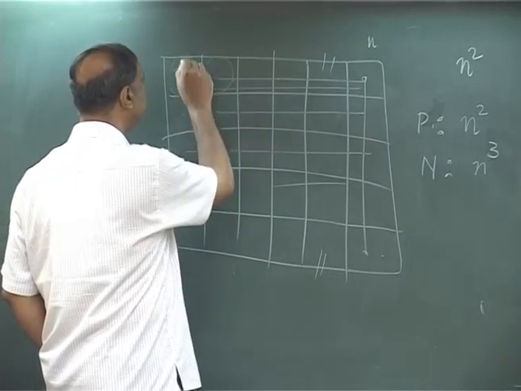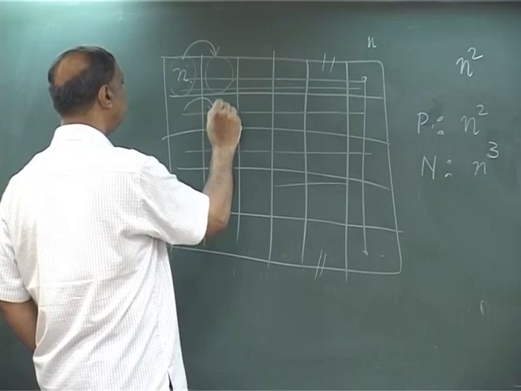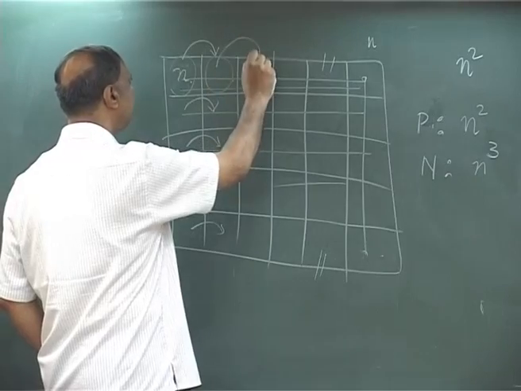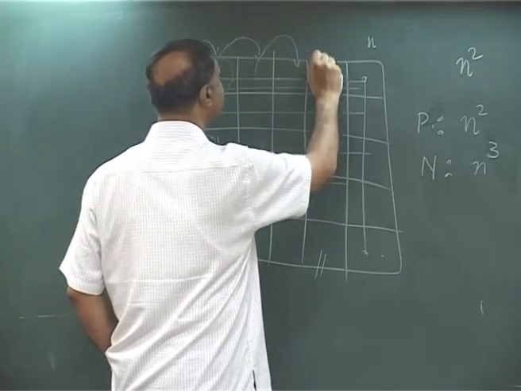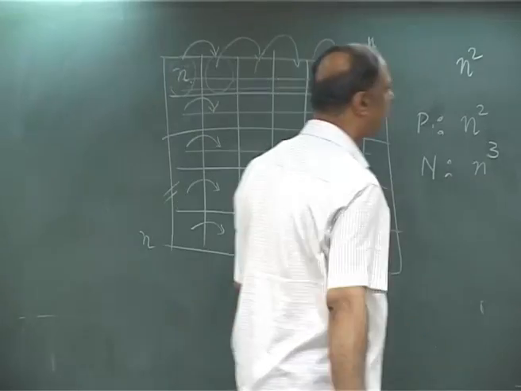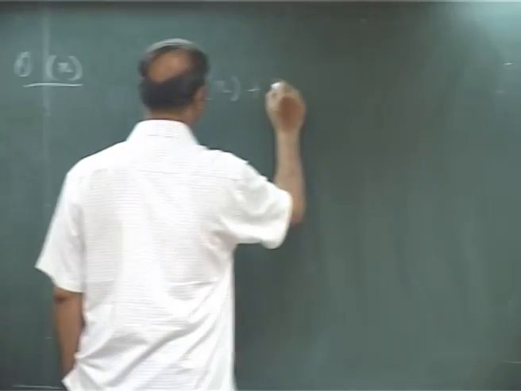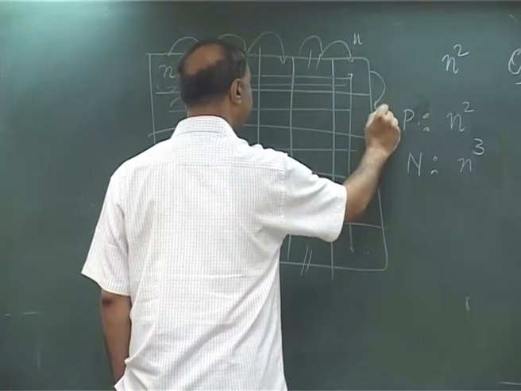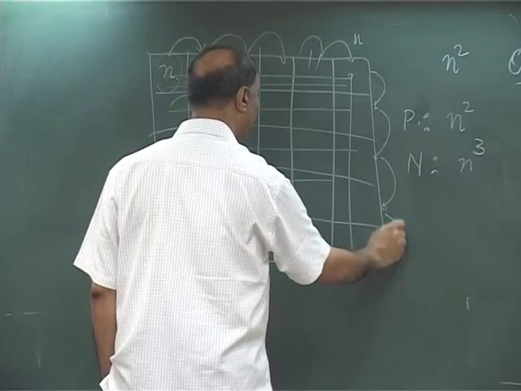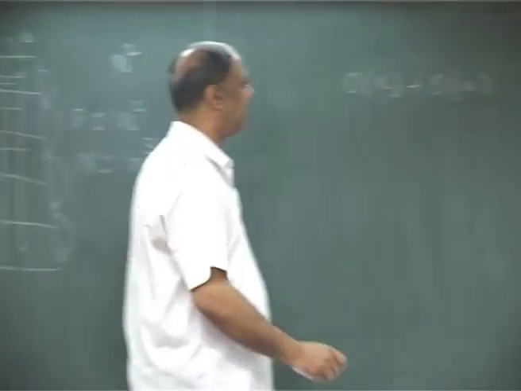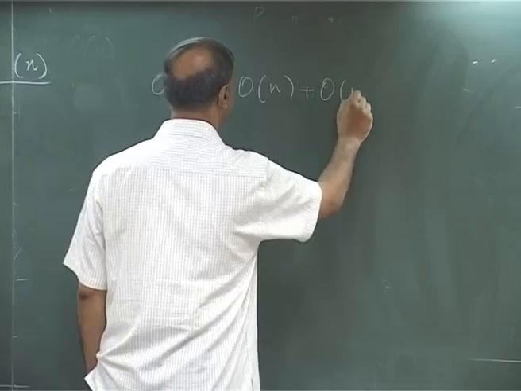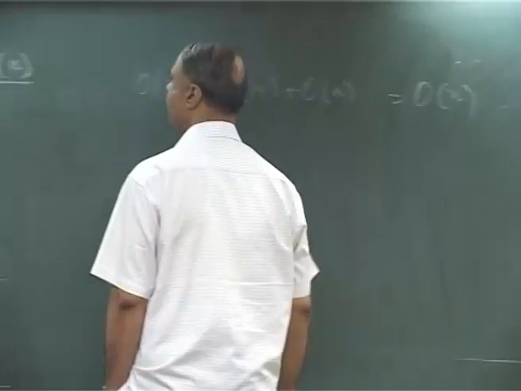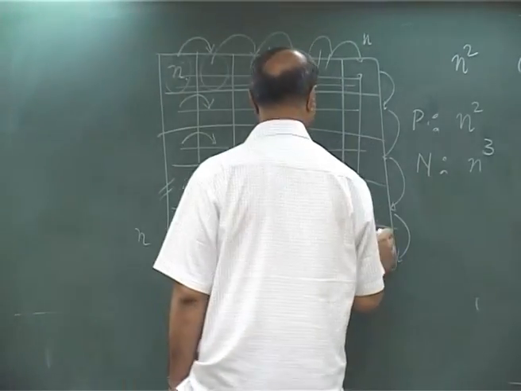While you are adding this, you can move this data, as if they are linearly connected. The next phase you add this, next phase you add this, and so on. So after order n time, you will find the sum is lying in this column, then you move this data here, then this, linearly you follow it, and you get another order n time. So you need order n time to find the sum of n cube elements, which is stored here.